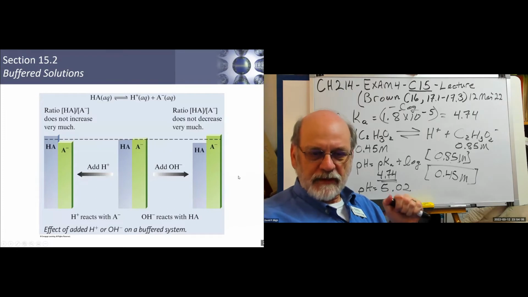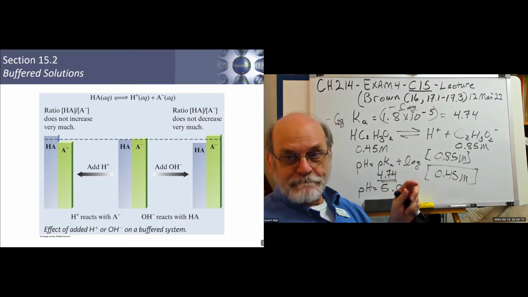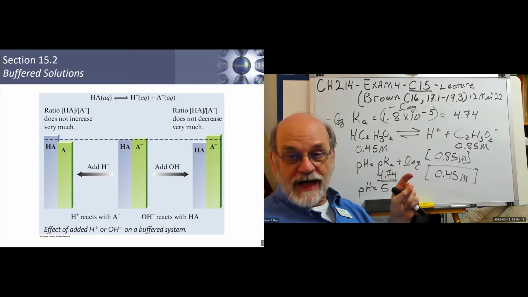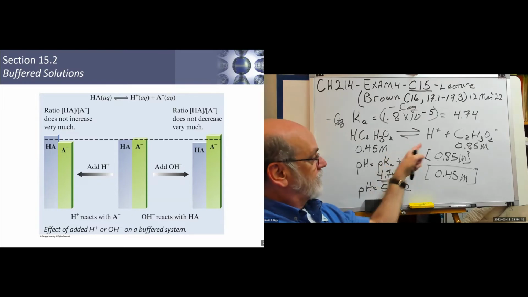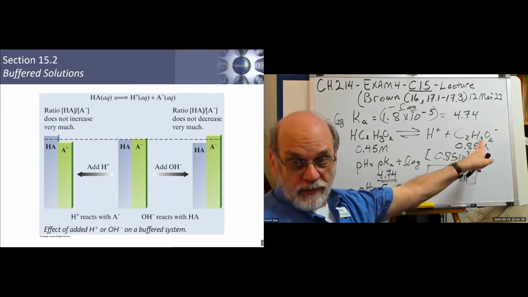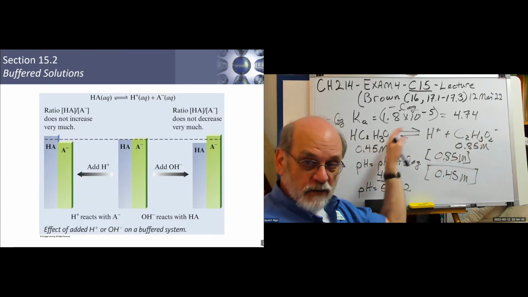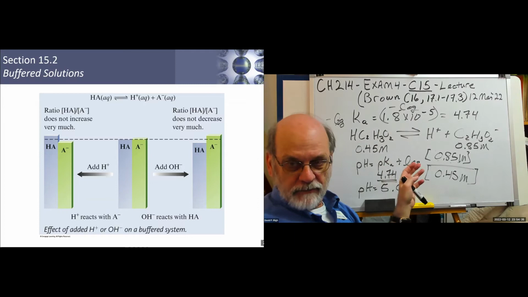Okay, so for this buffer solution, let's take this for example. If we add hydrogen ions to this, that acetate is going to pick them up because weak acid, strong conjugate base is going to pick up those hydrogen ions until we reestablish equilibrium.